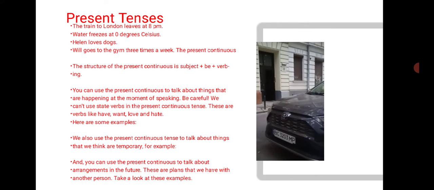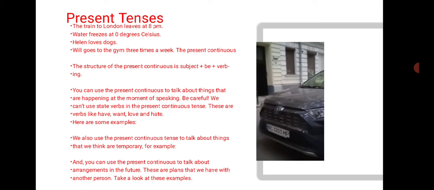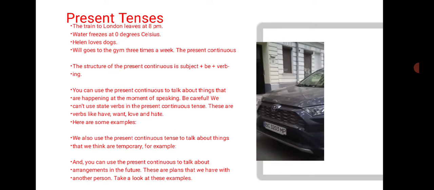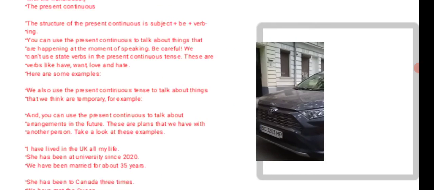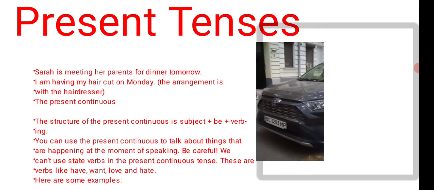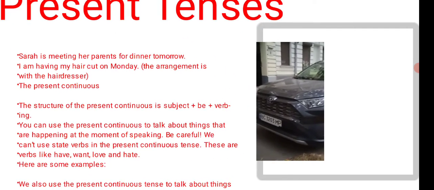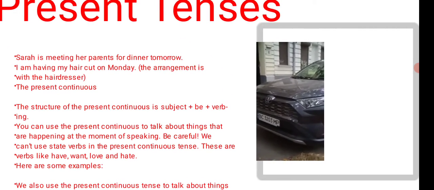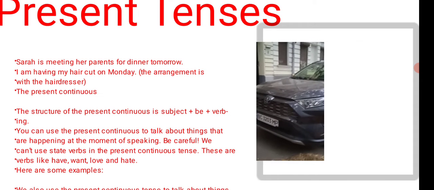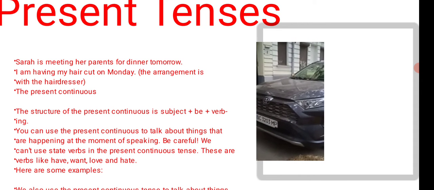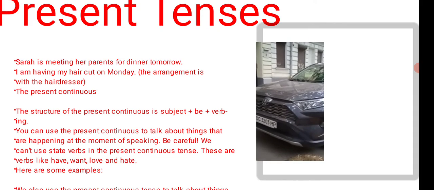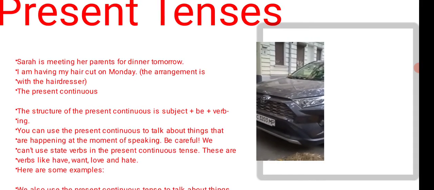And you can use the present continuous to talk about an arrangement in the future. For example, Sarah is meeting her parents for dinner tomorrow. I'm having my hair cut on Monday. I have an arrangement, an appointment with the hairdresser.